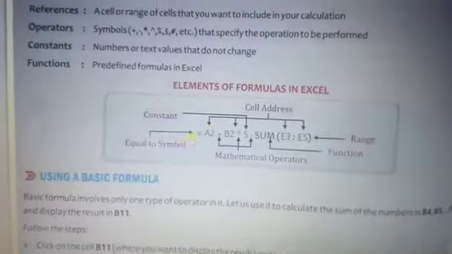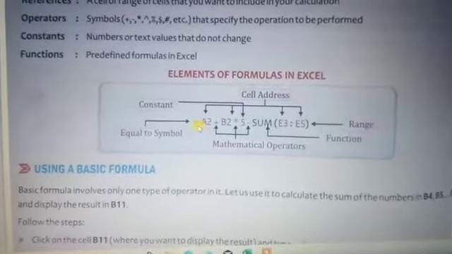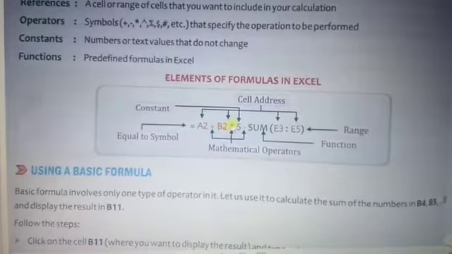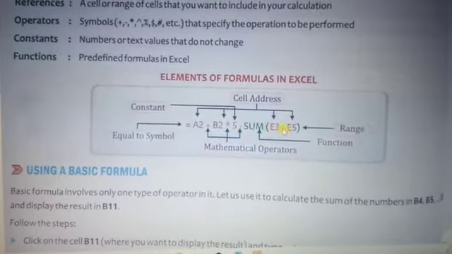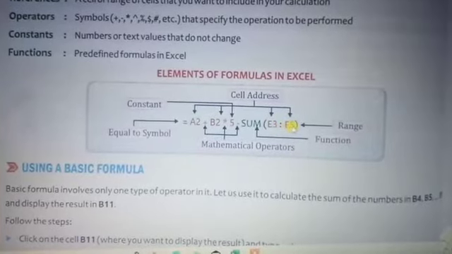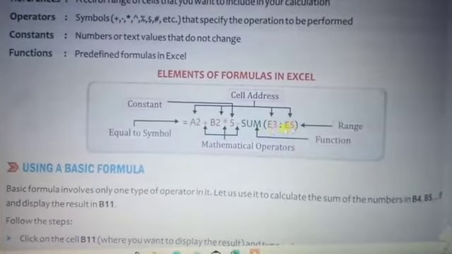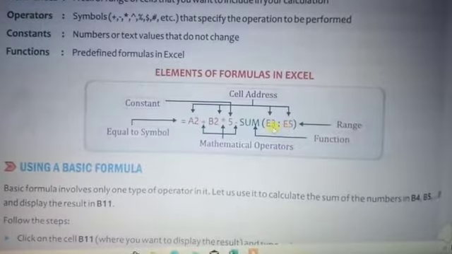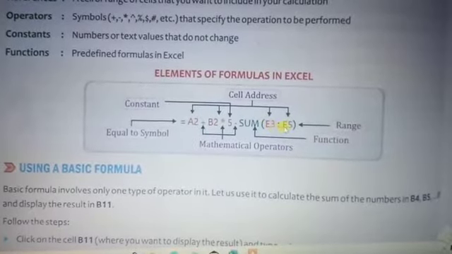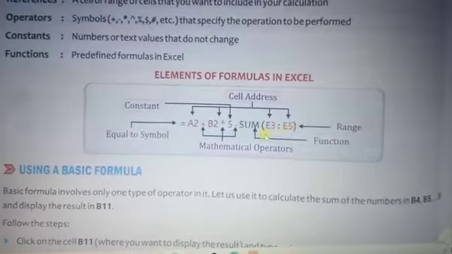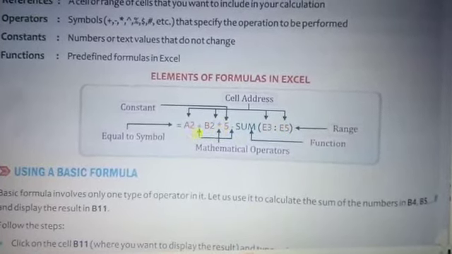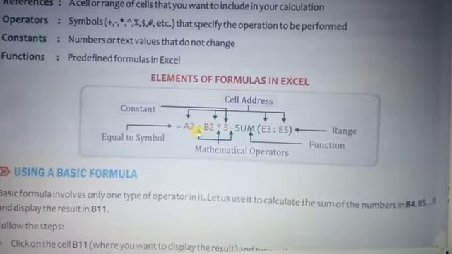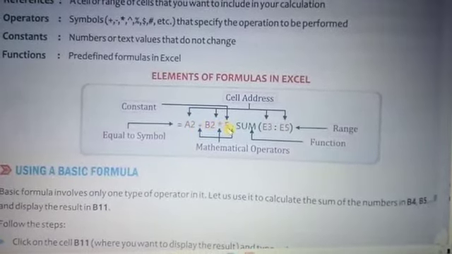Here you can find an example. The equal sign starts here: A2 plus B2 multiplied by 5 minus SUM(E3:E5). E3 colon E5 is a range of cells, where E3 is the starting cell and E5 is the ending cell. The first half of this formula, A2 plus B2 multiplied by 5, is defined by the user.